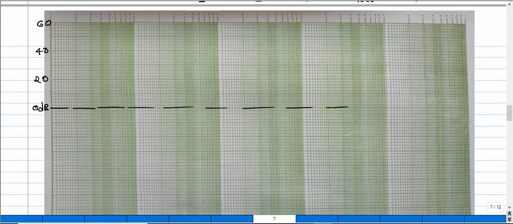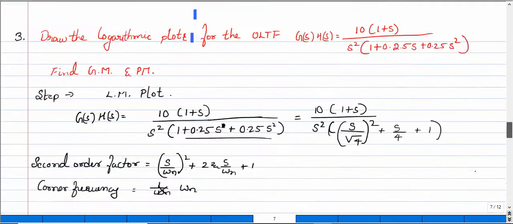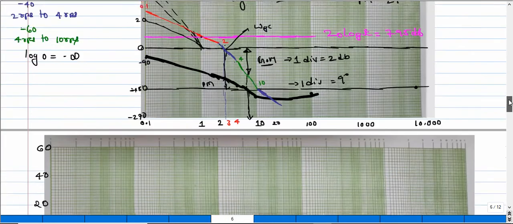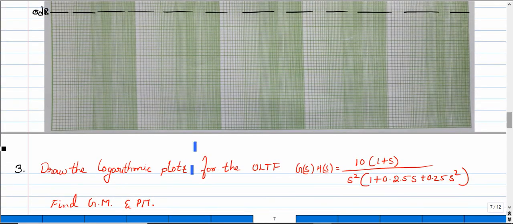So let us mark this 0 dB line, and if you see the table, 20 log 10 is 20 dB. So at omega equal to 1 RPS, this point will be 0.1, followed with this particular point, which is 1 RPS, then this is 10 RPS, 100, 1000, and this is 10,000.